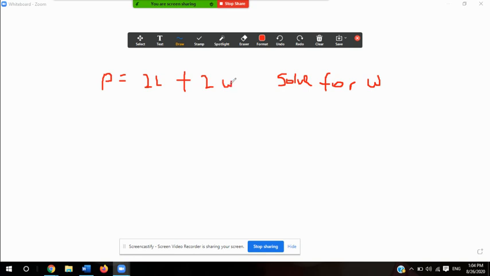Much better. So if I'm going to solve for W, that means I have to get rid of this. There's a plus sign between 2L and 2W, so if I want to isolate the W, I have to get rid of the 2L. That's why I subtract 2L on both sides first.